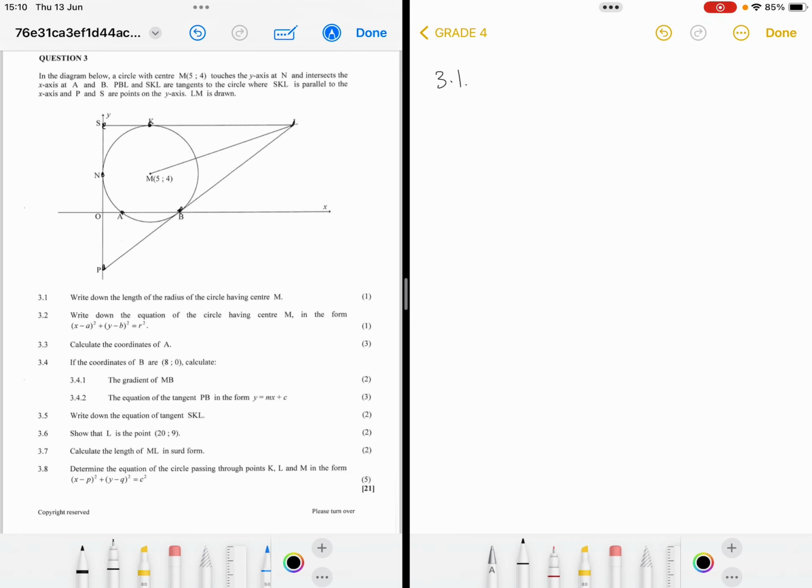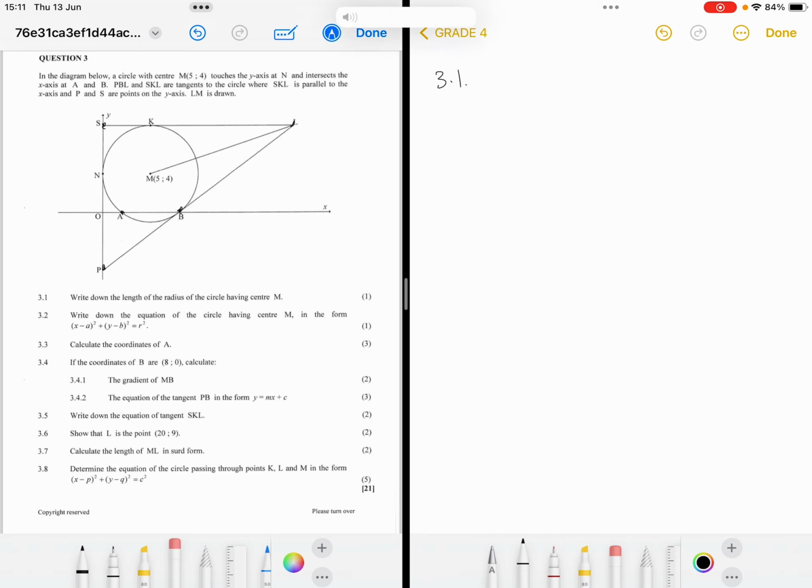A radius will be from N to M, or from K to M, or from the center to the circumference of the circle. It's half of a diameter. The diameter is a line that cuts the circle into two equal parts, so half of that line is a radius.